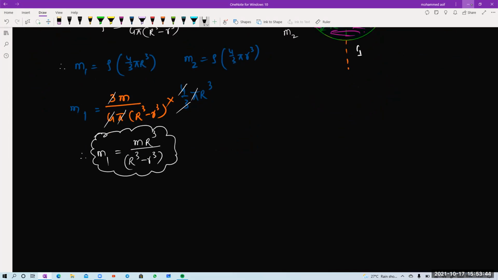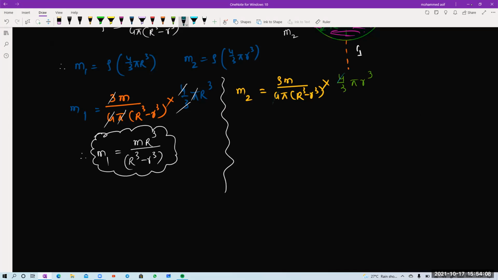Okay. So similarly, the mass of your M2 population, if I'm writing, M2 will be equal to rho, which is 3 into M divided by 4 pi into capital R cube minus small r cube, into the volume of this one, that is nothing but 4 by 3 pi into small r cube. Anything getting cancelled in this one, beta?